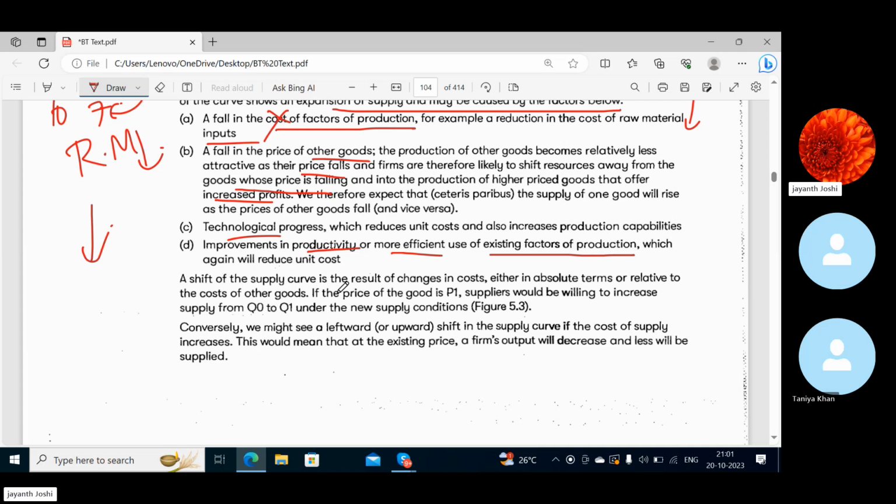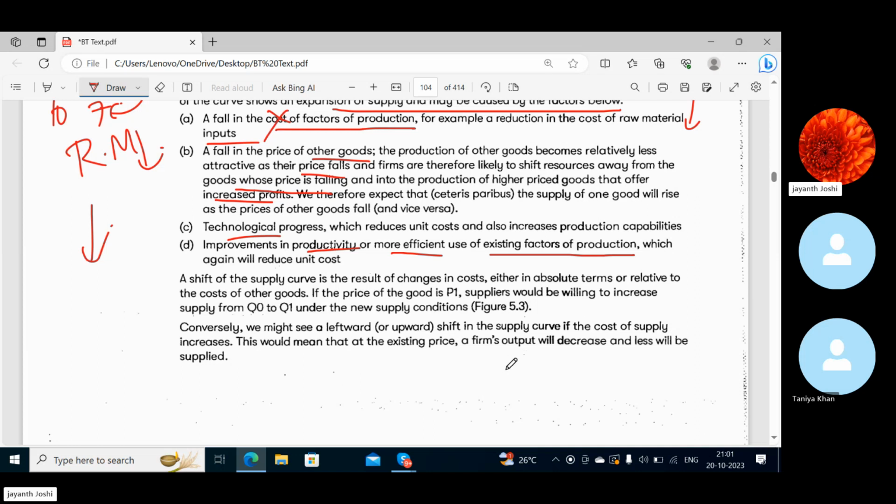All these things can make them more profitable and they'll supply more, right? If they can produce in bulk, bulk production can make the cost very low, and then they can add margins and earn high profit, so they'll try to supply more.